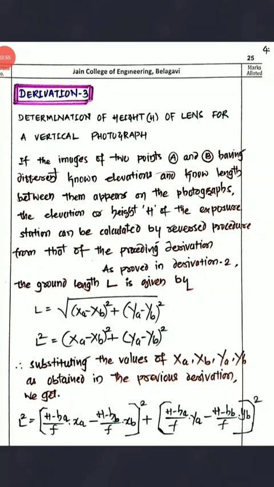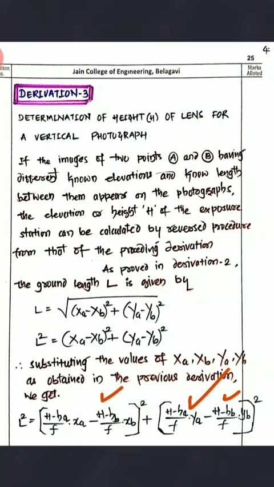You can see that L square is equal to [(capital H minus small ha) divided by f into xa minus (capital H minus small hb) divided by f into xb] whole square, this is the second term, plus [(H minus ha) divided by f into ya minus (H minus hb) divided by f into yb] whole square, right? These values I have taken from derivation 2.